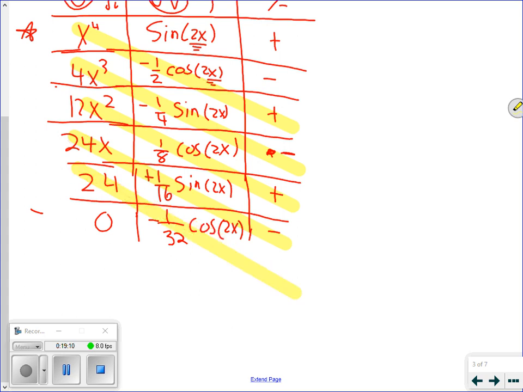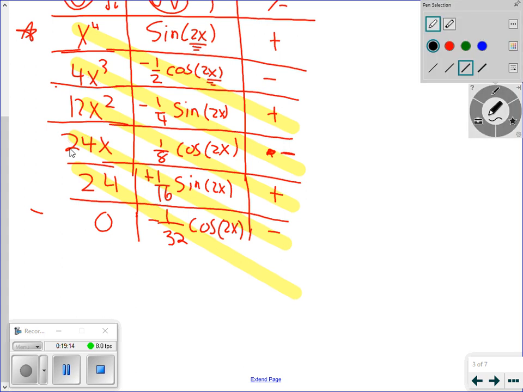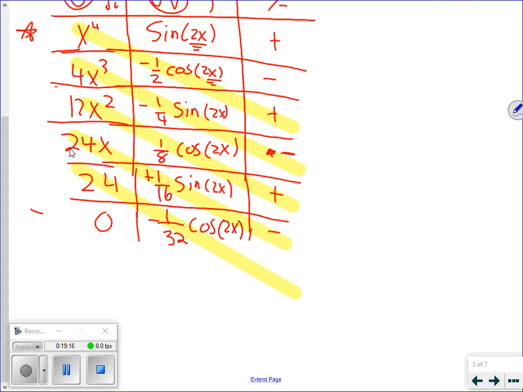And that's it. Okay, so let's write this out. I love tabular because it really simplifies it down. So it's x to the fourth, negative 1/2 cosine 2x. So that's going to end up being negative x to the fourth over 2 times cosine of 2x. That's the first one.